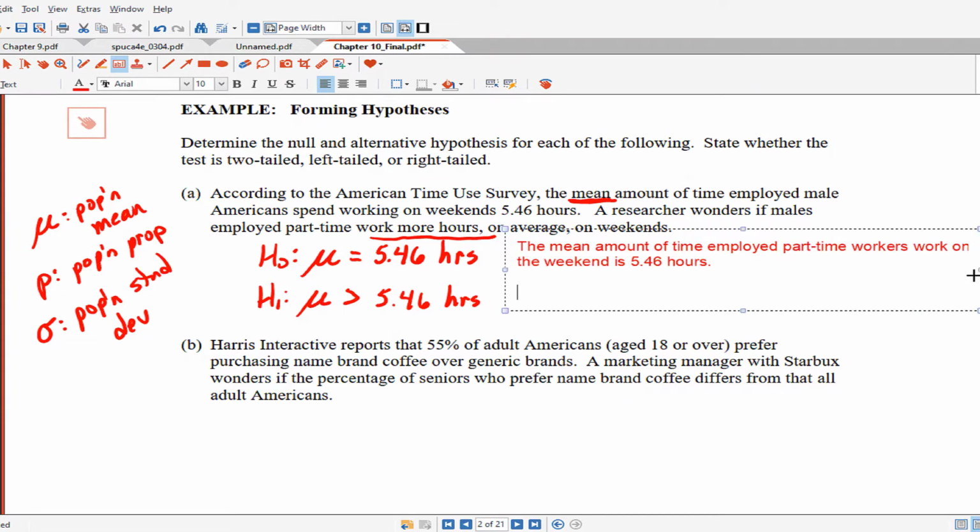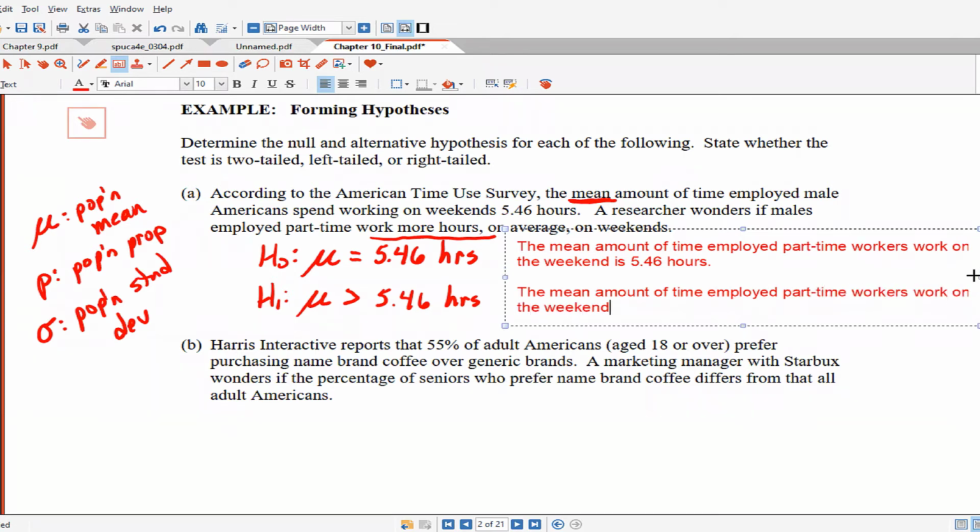And then your alternative hypothesis is the mean amount of time employed part-time workers work on the weekend is greater than 5.46 hours. So on the left, we have the formal symbolic way to represent the null and alternative hypothesis, and then the words on the right represent it just using plain old English.